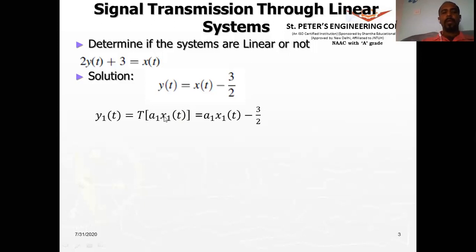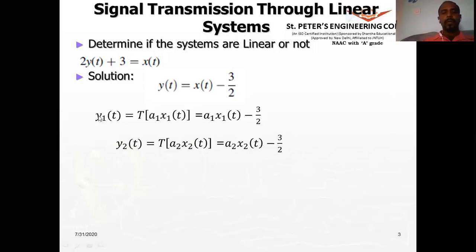If I am giving a1 x1 of t as the input, the system gives an output a1 x1 of t minus 3 by 2. Similarly, if I give a2 x2 of t as the input to the system, the T operator has to take whatever you have given as input and subtract 3 by 2 from it. So this is what it was doing.